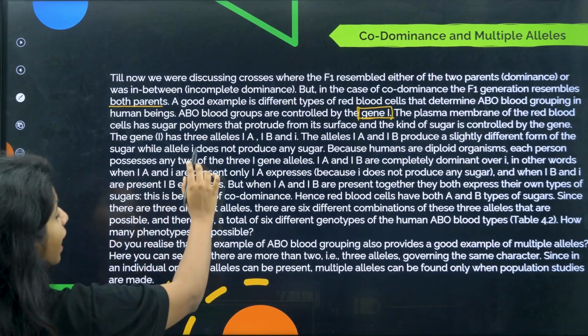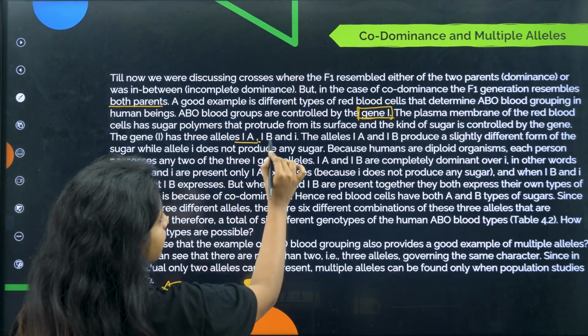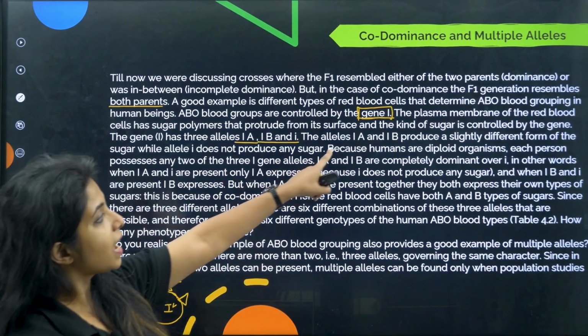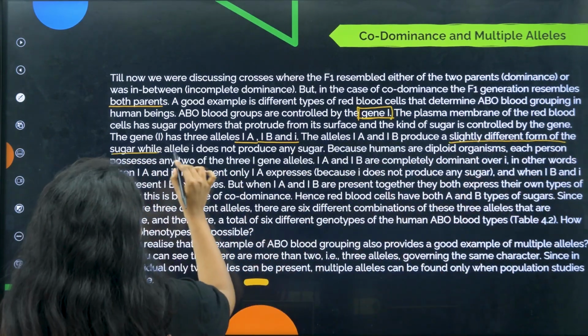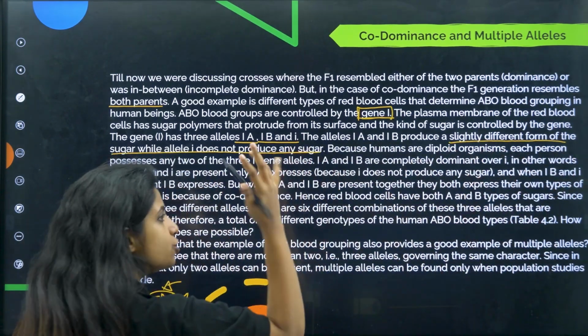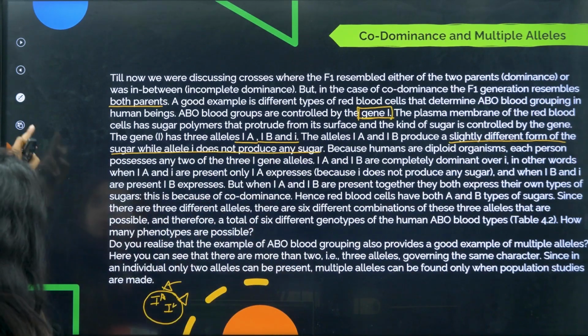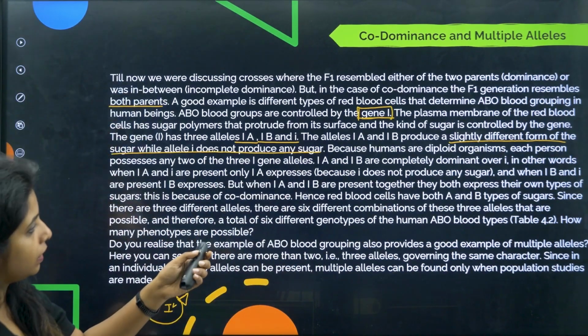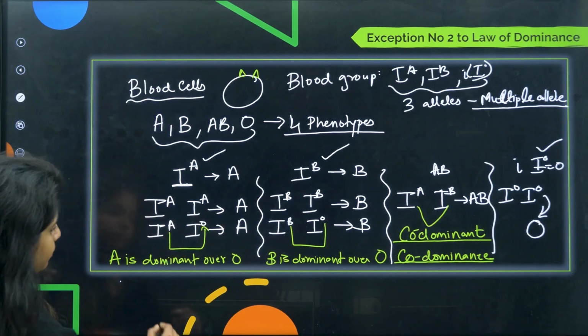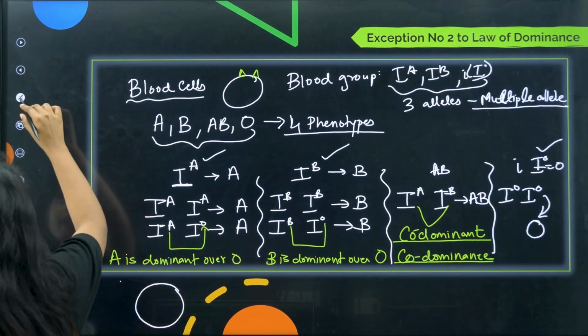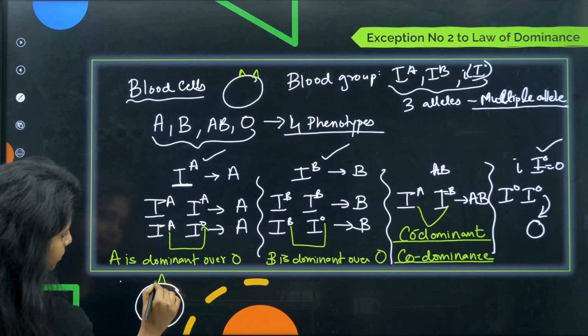Now, the gene has 3 alleles, IA, IB and small i. The alleles IA and IB produce a slightly different form of sugar, while allele i does not produce any sugar. So, over here, if you see this cell, it will have sugar for IA.